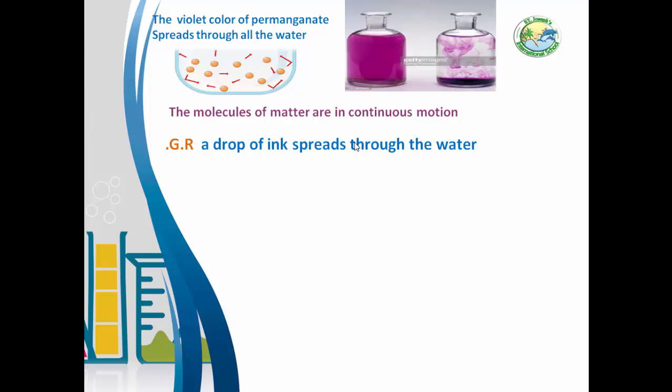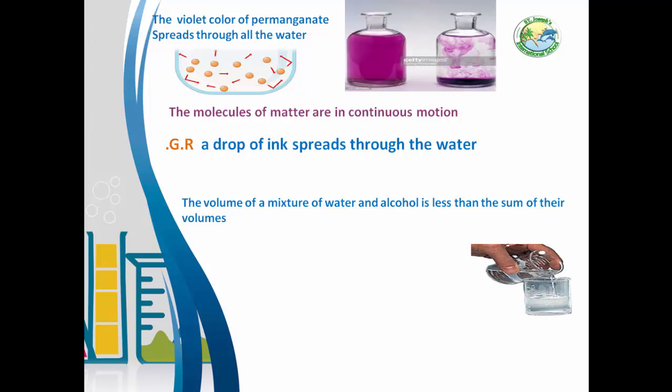Let us move to the next property. There are intermolecular spaces among the molecules of matter. Also, we have a small experiment or activity. We will put 300 cubic centimeters of water in a graduated cylinder.